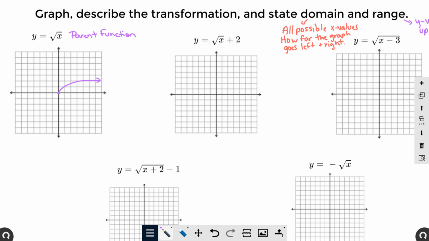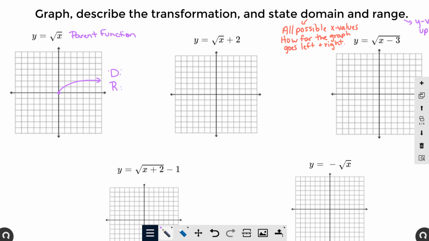But now we want to state our domain, which we will call D, and our range. So with domain, it's all the possible x values, but it's also how far the graph goes left and right. Well, this one has a starting point, right? This one starts at 0, and then it goes which direction, left or right?